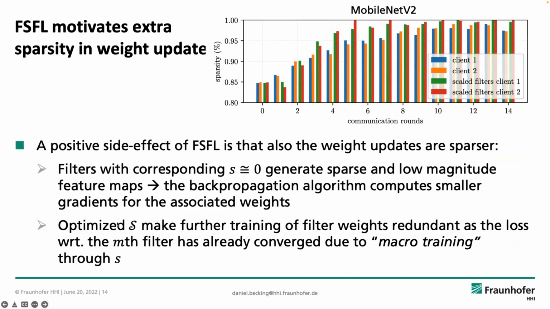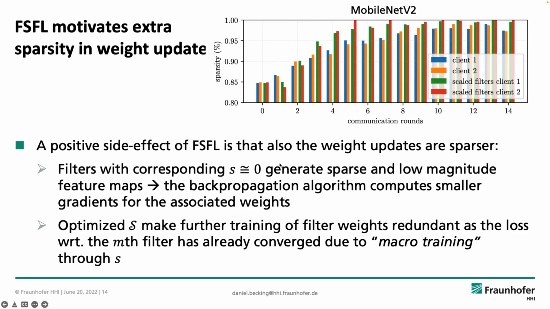Another side effect of this kind of scaling is that we observe sparser weight updates, actually. And as you can see here, throughout the training epochs, in the later epochs, there are some cases of the scaled filters where only the scaling parameters are transmitted and not even the weights anymore, compared to the unscaled version, which is the blue and the orange bars here.